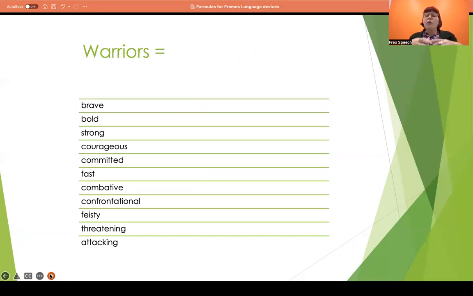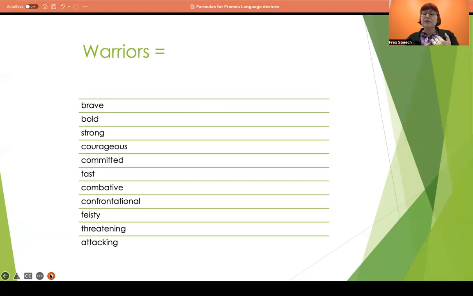So if I wanted to encapsulate all those features that I know about warriors and associate them with the Dockers, all I do is use a simile. So I'd say the Dockers played like warriors, using like, or I could use the Dockers were as brave as warriors on Saturday.